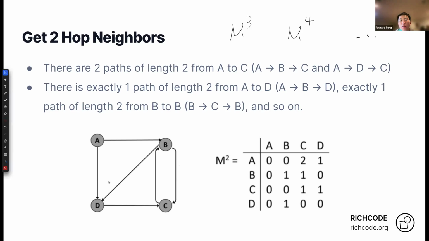Why do you have to do B to D to C? So to get from B to C with a path length of 2, we have to go to D, and then from D go to C. We can go from B to C directly, but we're finding only connections of length 2. Does that make sense?